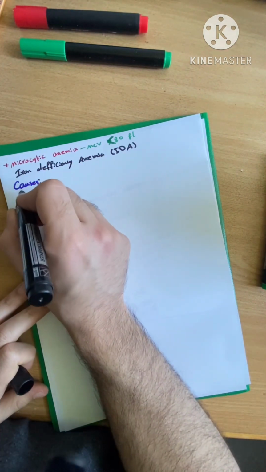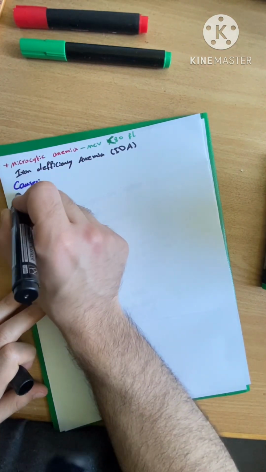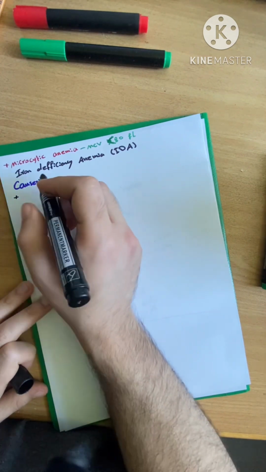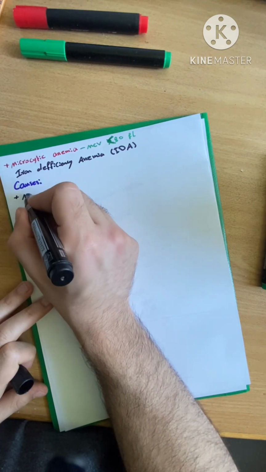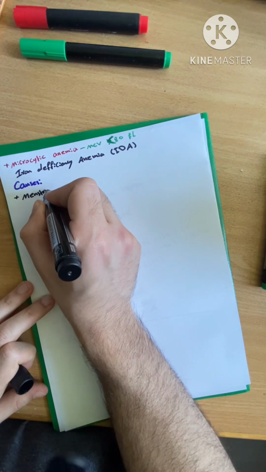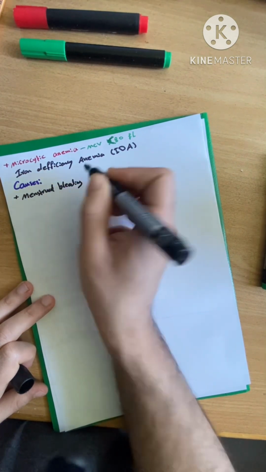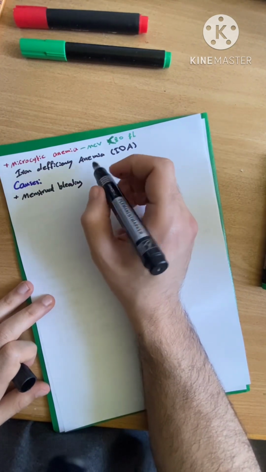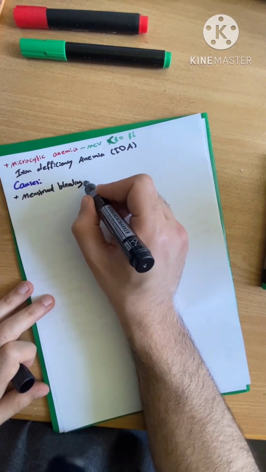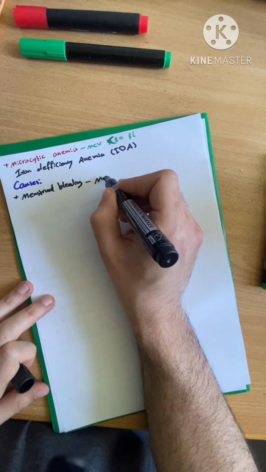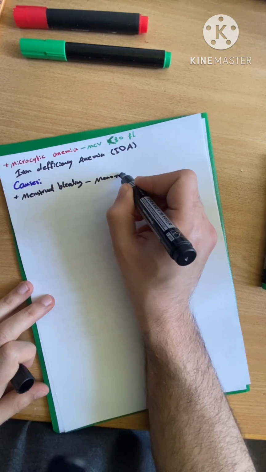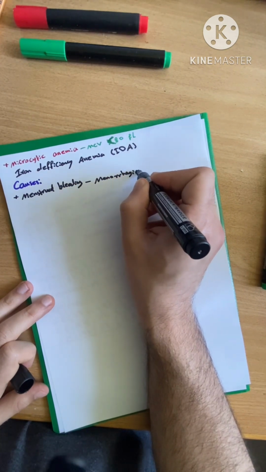First of all, menstrual bleeding. It's one of the most common causes, like when we are having menorrhagia.